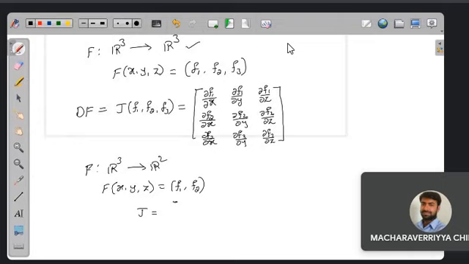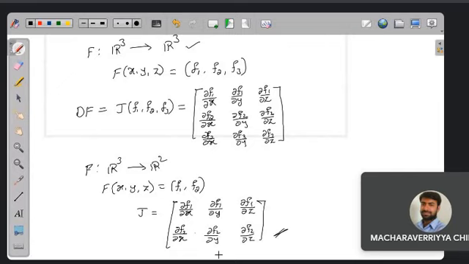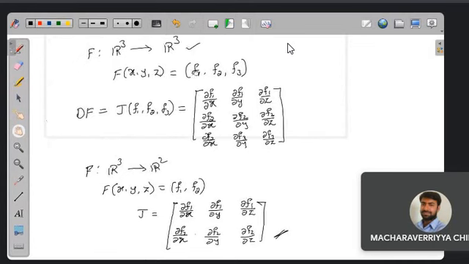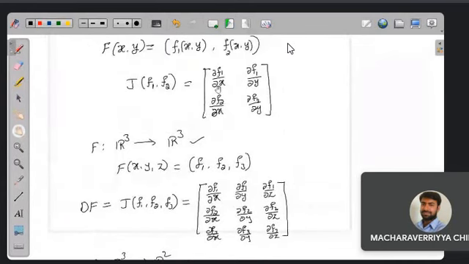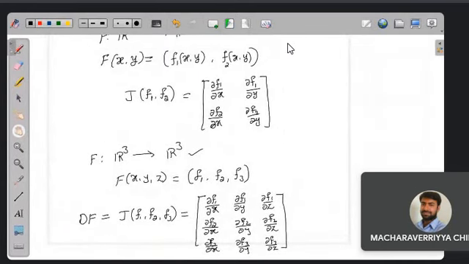You will get a rectangular matrix because there are only two functions here, but three variables. And similarly, the Jacobian row for f2 is f2 with respect to x, f2 with respect to y, and f2 with respect to z. Okay. So this is how you can simply find the Jacobian matrix. You can think of it as a derivative of a function also.